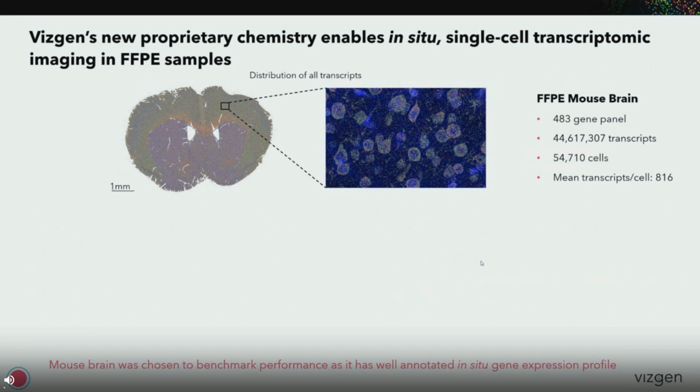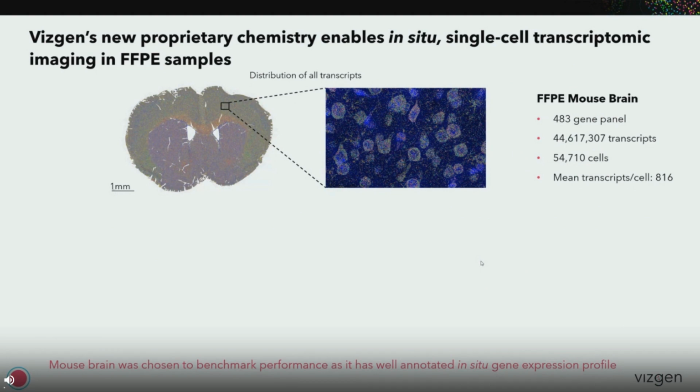In the middle, you are also seeing a zoomed single field of view showing the distribution of all transcripts at single cell resolution. Overall, we were able to detect around 45 million transcripts in around 55,000 cells in this single measurement. And the mean transcript count per cell is around 816. So this is comparable to our fresh frozen data sets released publicly.